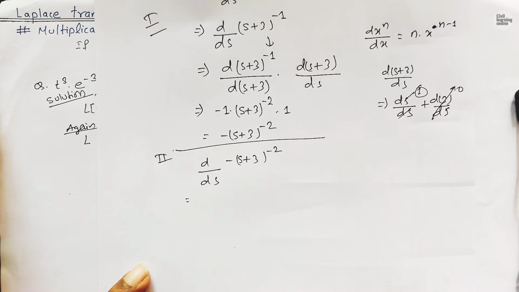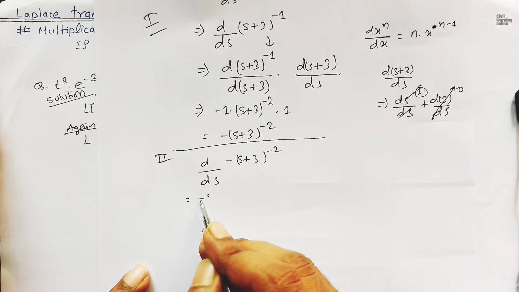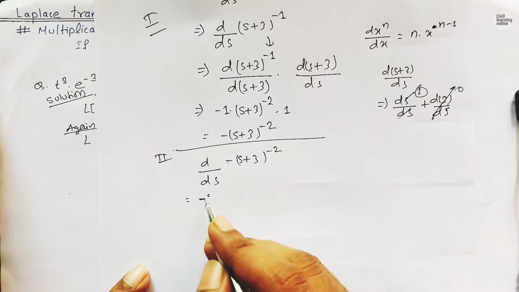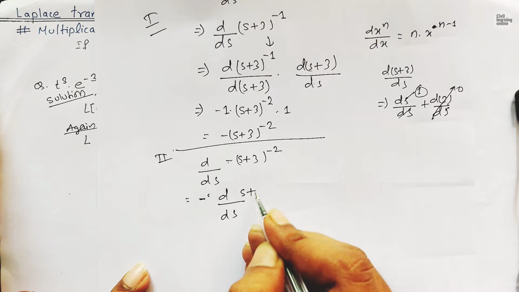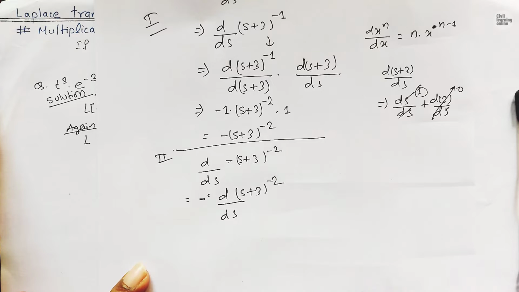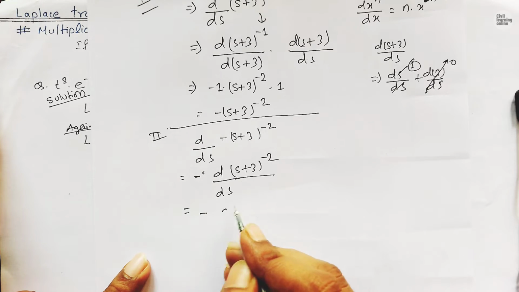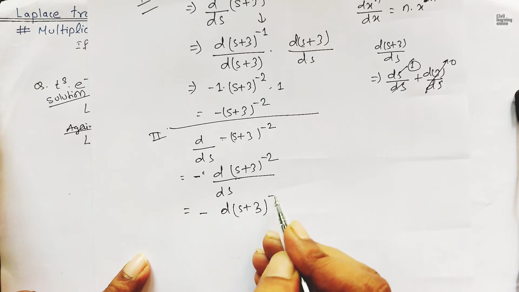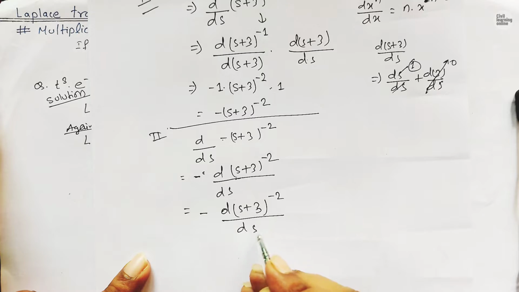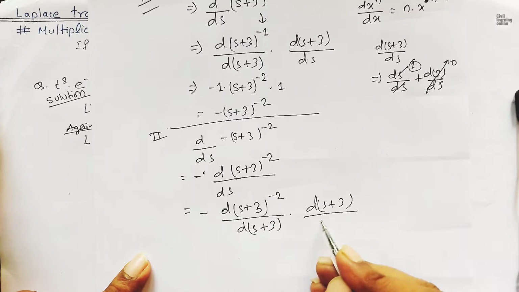So on doing the second derivative, we bring this minus to this side, and we will have the form d upon ds of (s plus 3) to the power minus 2. Now it gets rewritten as d(s plus 3) to the power minus 2 upon d(s plus 3) times d(s plus 3) upon ds.